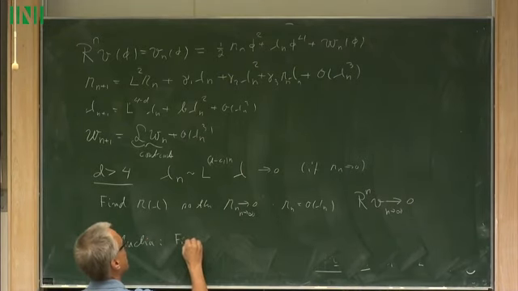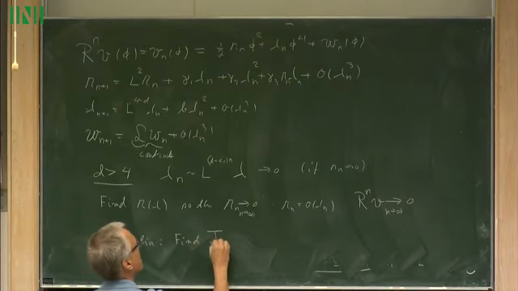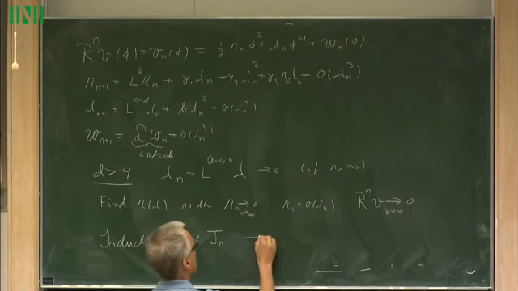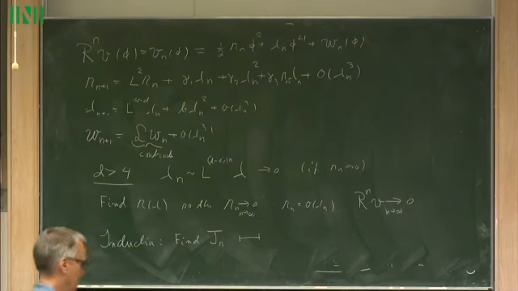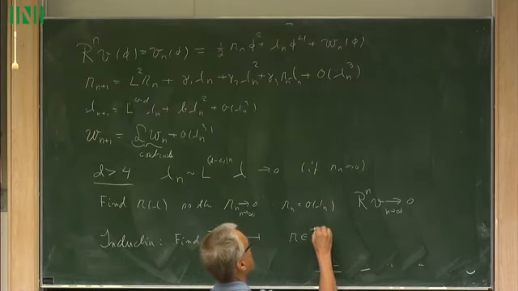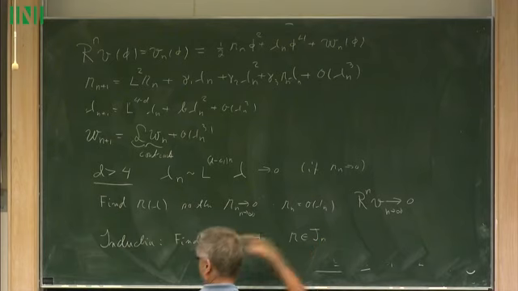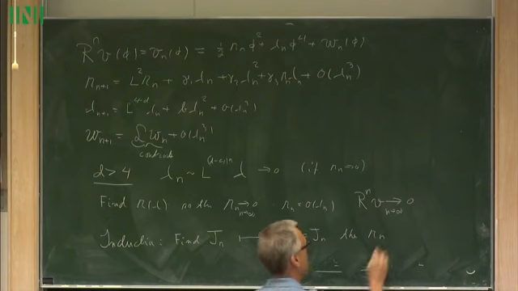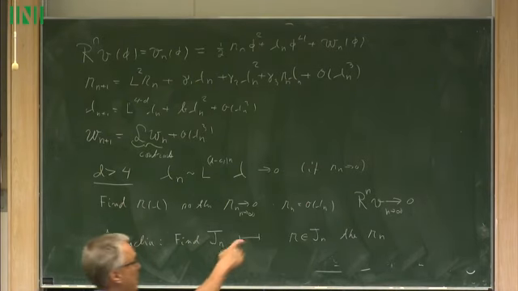So you find an interval. Let me call it J n. It's an interval so that if R belongs to this interval, so the original R, then R n will be what we want.